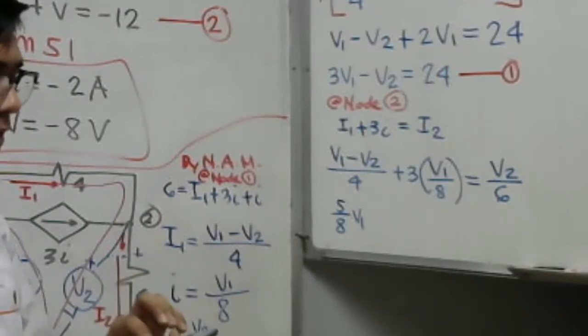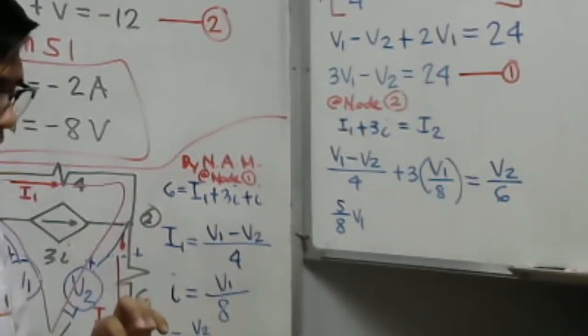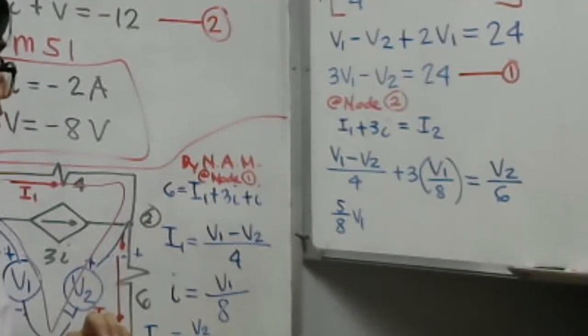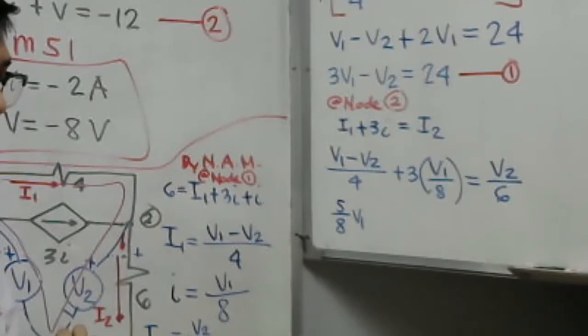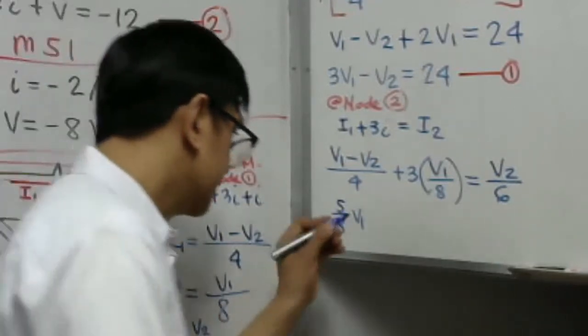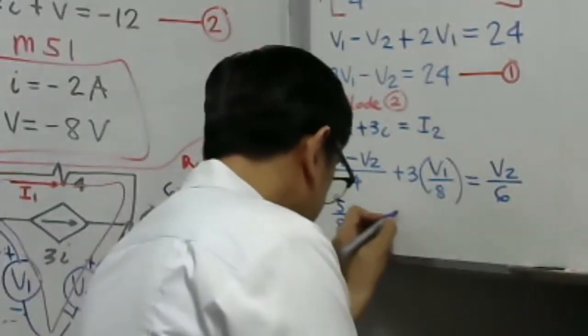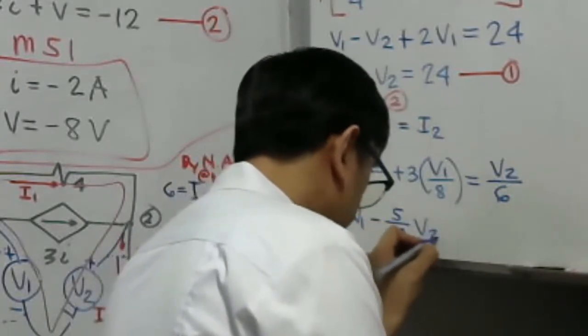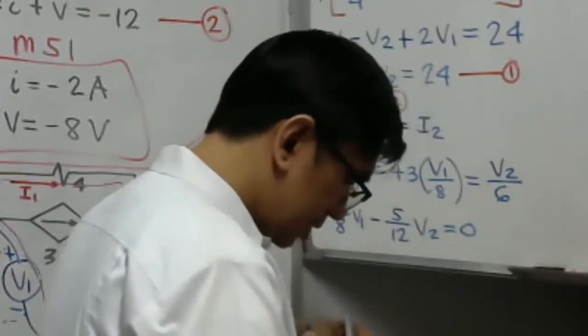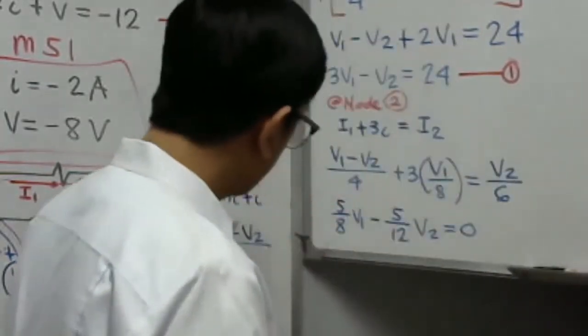That should be minus 1 over 6, so that will be equal to negative 5 over 12. So this should be negative 5 over 12 b sub 2. That's equal to 0. So now we can have two equations.